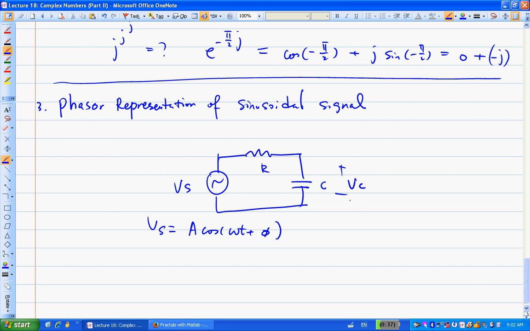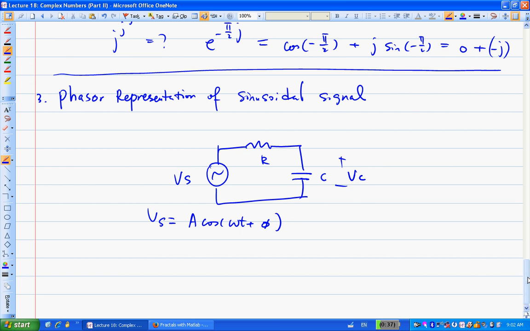Now you might think it is actually easy, because let's just apply the KVL law, this divided by this, multiplied by something, right? But it turns out it's not as easy as the DC circuit.